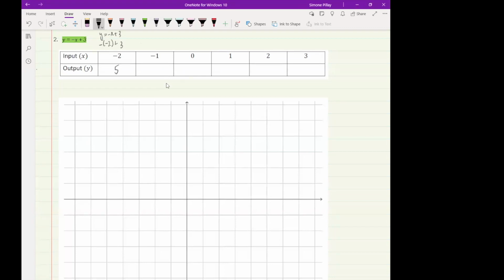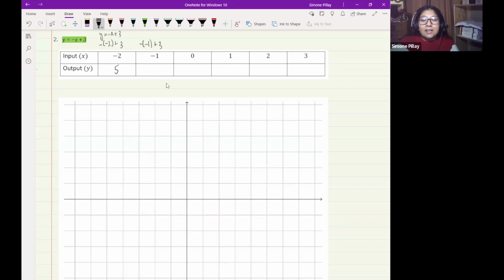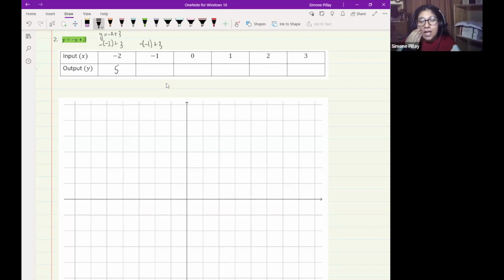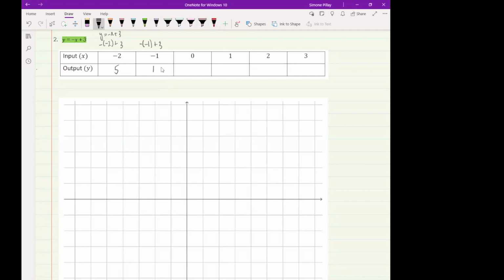So y is equal to negative, substituted 1, plus 3, which is going to be negative 1. Remember, a negative and a negative gives me that positive. And then I'm left with 1 plus 3, which is 4. There we go. Next one.